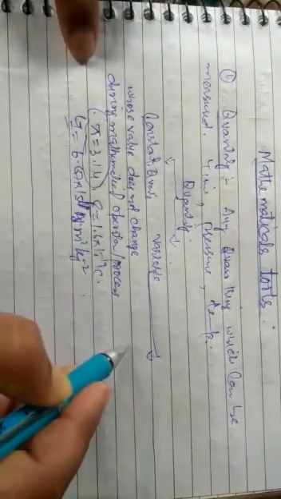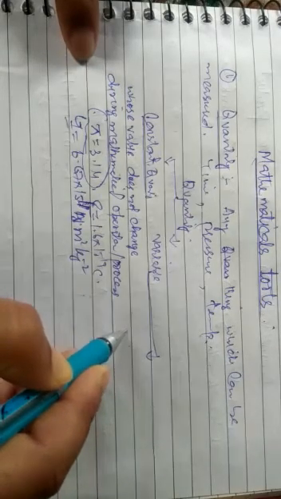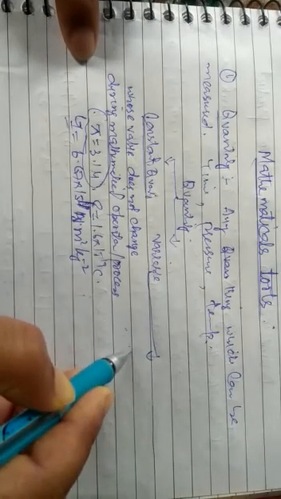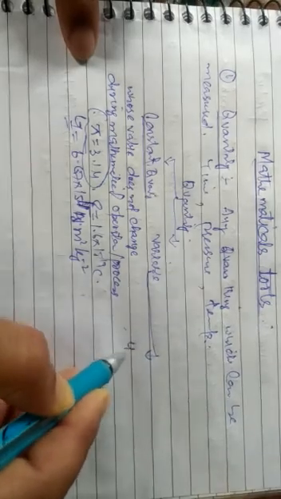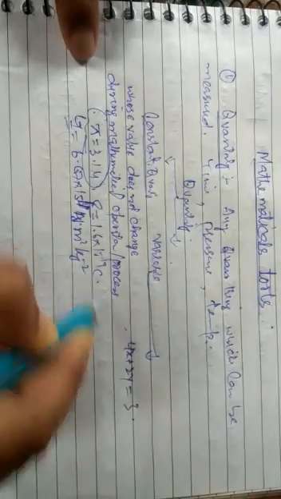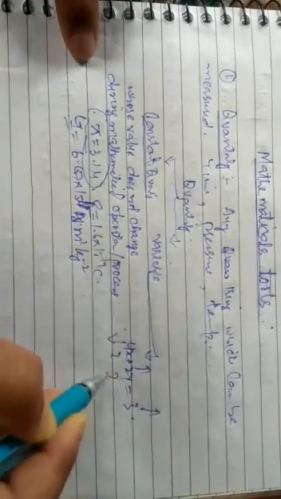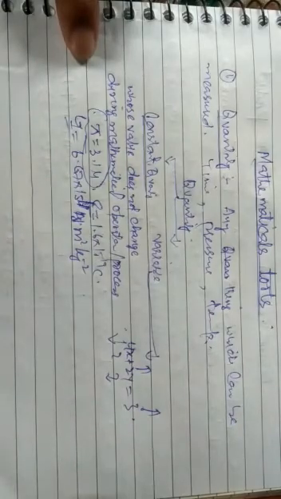The variable you might have read, for example, 4x plus 2y is equal to 3. Here 3 is a constant, 2 is a constant, 4 is a constant, but x and y can take different values.